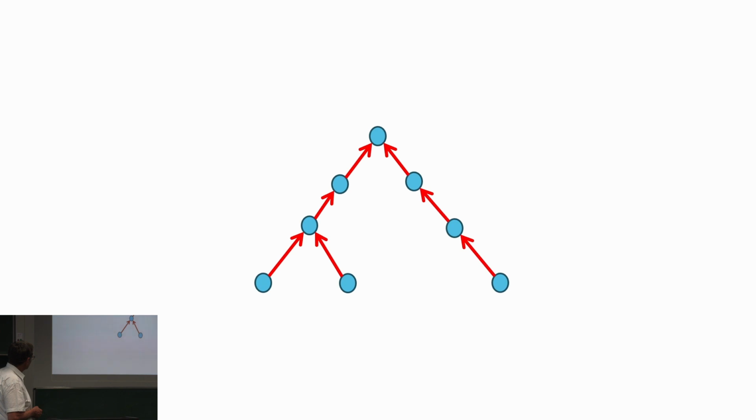There are two elements directly smaller than that one. But of course it is a partial order relation, so it is transitive. So this element is also smaller than that one. So we've got a transitive closure, but when we draw the diagram, we often only draw those red arrows, the direct comparison. All right. So the question of Dedekind is not about this example, but it can be translated into it.